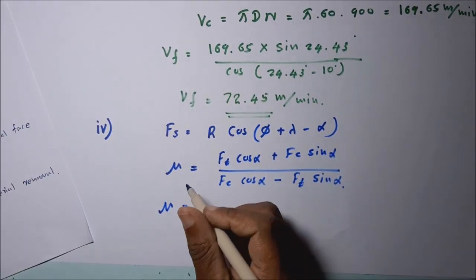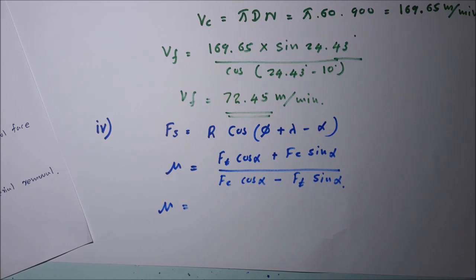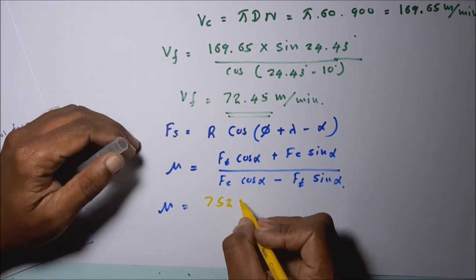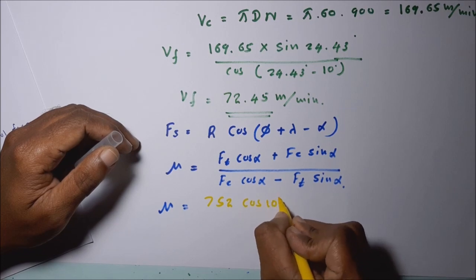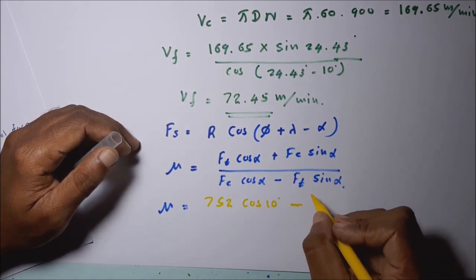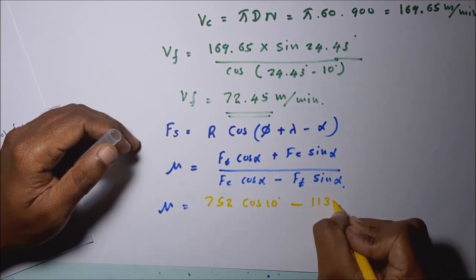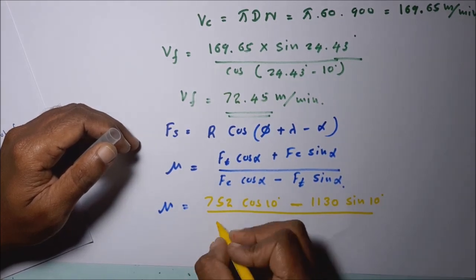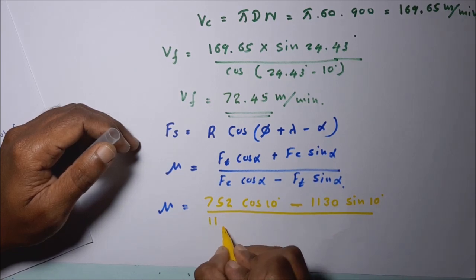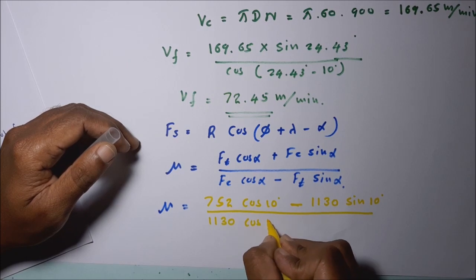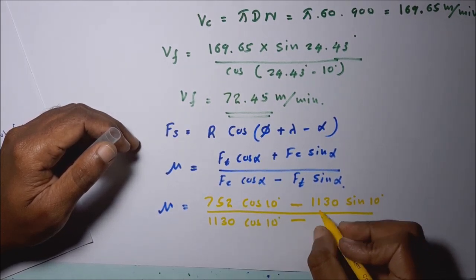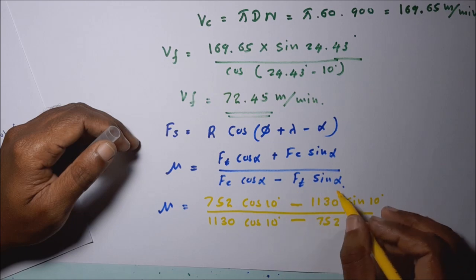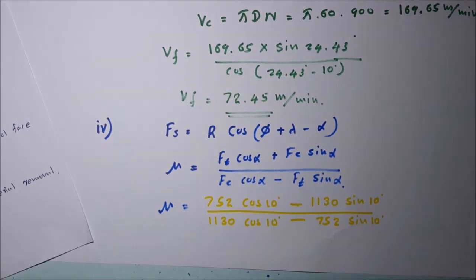Mu is equal to, Ft is given, the thrust force is given. What is the thrust force? 752 cos 10 degrees, minus Fc, the cutting force, 1130, again sin 10, divided by Fc, the cutting force, 1130 cos 10 degrees, minus Ft 752 into sin 10.